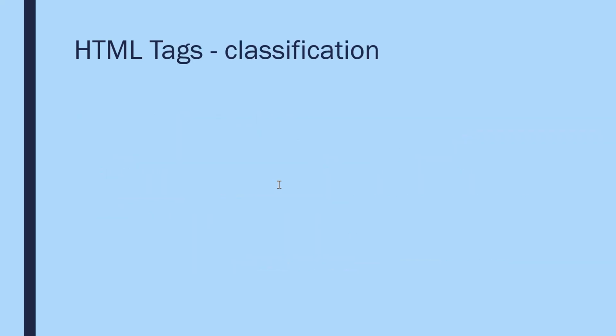Now, HTML tags classification. Before we go into classification, I would like to tell you a few things about HTML. The latest version is HTML5, and it is a markup language for structuring and presenting content for the worldwide web.